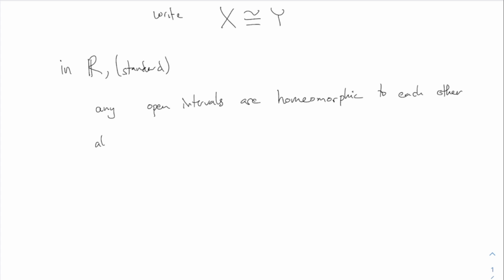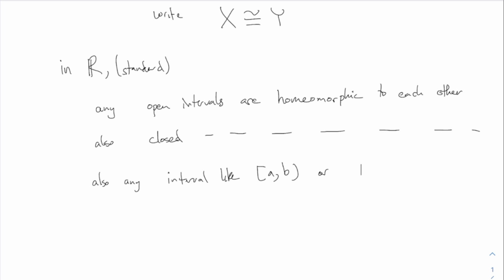Also, any closed intervals are homeomorphic to each other. And any interval having one endpoint but not the other is homeomorphic to any other. It doesn't matter if it's the left or the right endpoint, because there are homeomorphisms that flip it over. So any half open interval, like a to b including only the right endpoint, or the other way around, those are all homeomorphic to one another also.